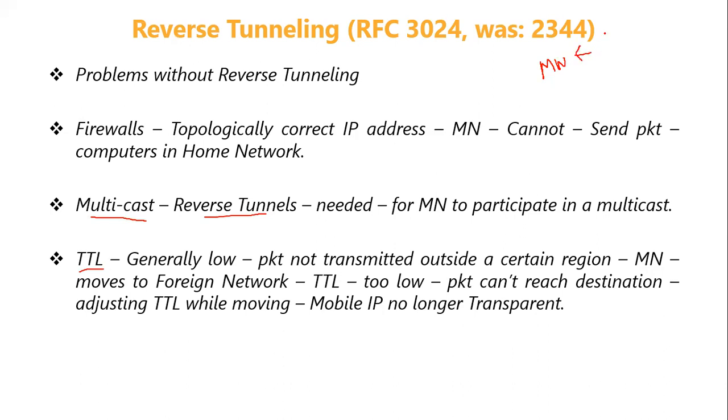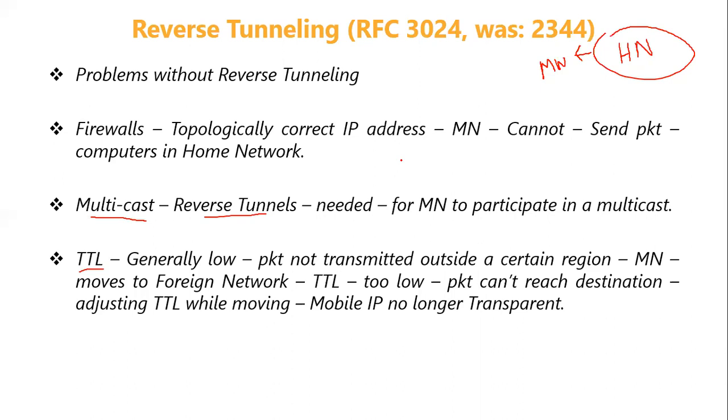When the mobile node is in the home network, the value of the TTL will be very low, because we want to ensure that the packet is not going somewhere out of range. Somebody should not unnecessarily receive that packet, and thereby it should not create any issues. So generally the TTL field will be low.